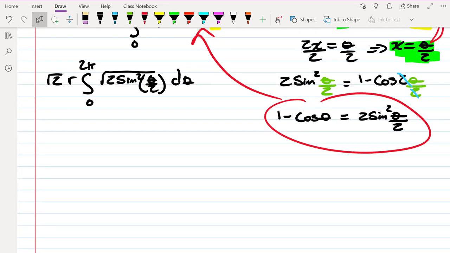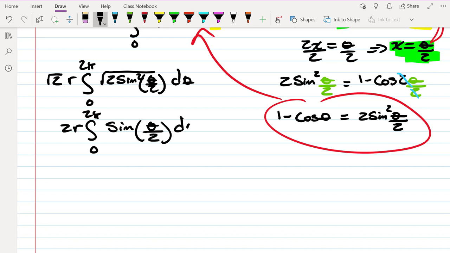So the square root of 2 comes out, multiplies the square root of 2 in the front, so we get 2r, the integral from 0 to 2 pi, and the square root of sine squared theta over 2 is just going to be sine of theta over 2 d theta.